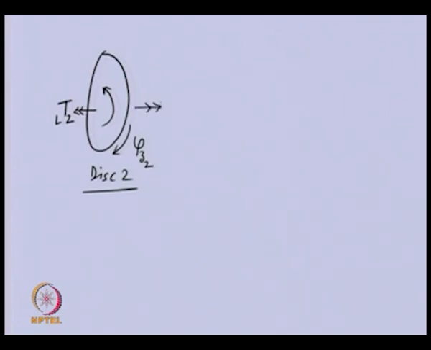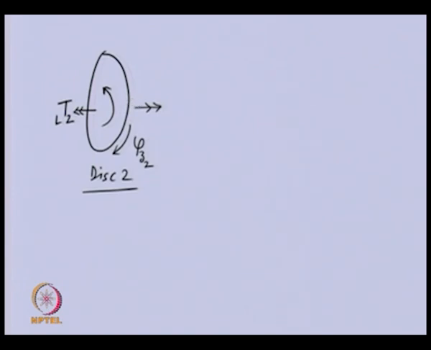This is the positive convention we have used for this angular displacement, and another torque comes from the right side of disk 2, because both ends of the disk are connected by shaft, and we have removed the shaft to obtain this free body diagram.